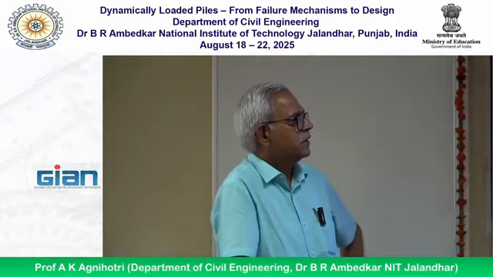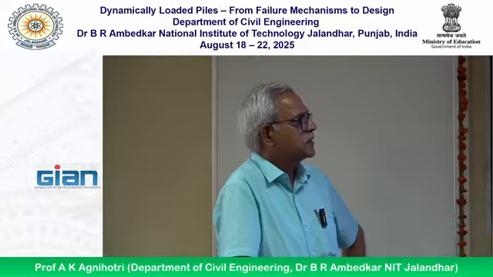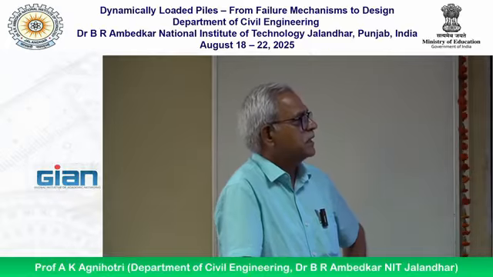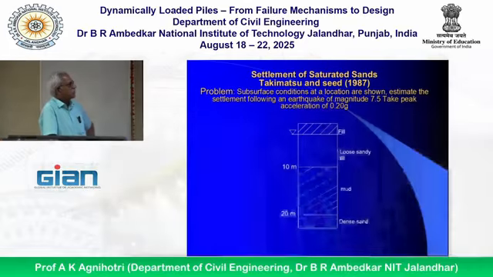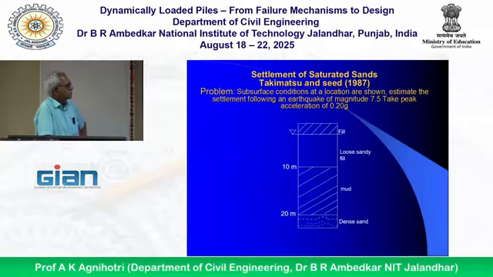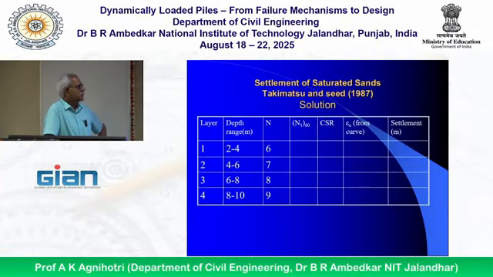Similarly, one example, let us suppose this 10-meter loose sand layer is there. If we are to calculate for 2 to 4 meters, let us say N value is 6, then next 4 to 6 meters N value 7, 6 to 8 meters we have different N values, then we will calculate N160. These N values are measured N values, Nm which I have written.